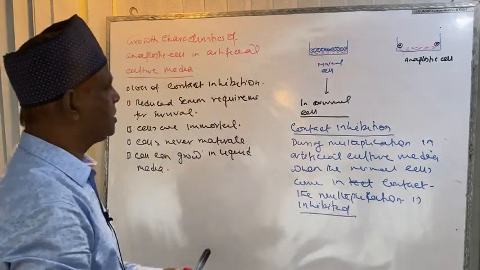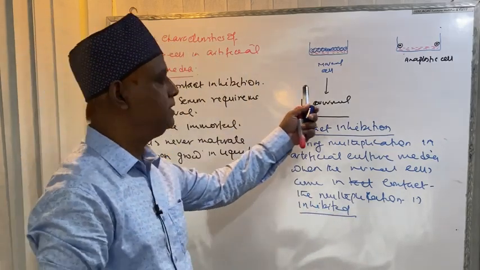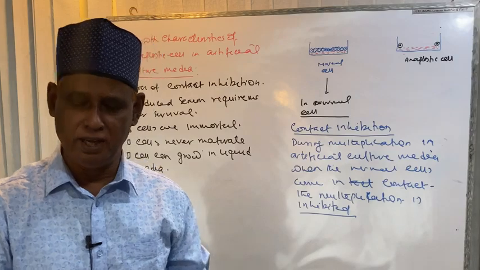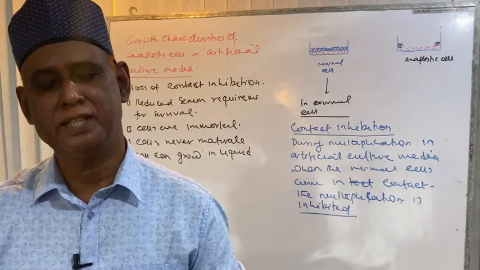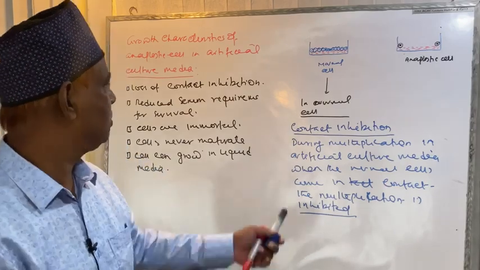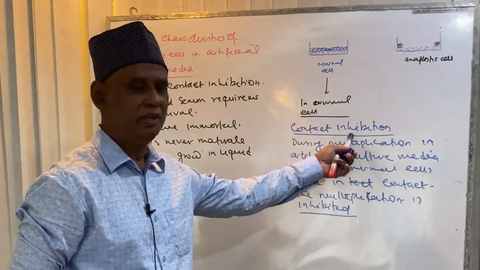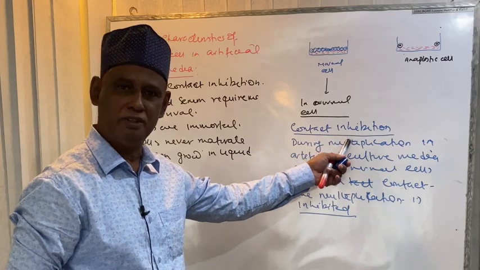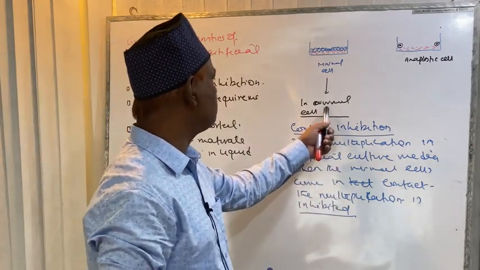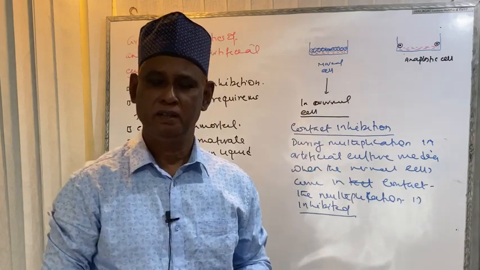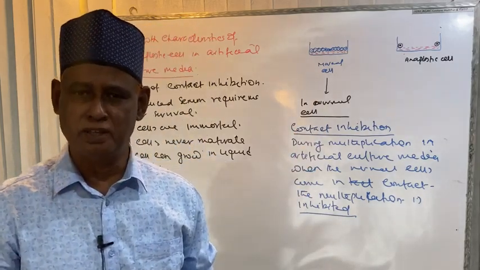So during multiplication, in case of normal cells in the artificial culture media, when the cells come in contact, their multiplication is inhibited. This is called contact inhibition. It is present in case of normal cells in artificial culture media.